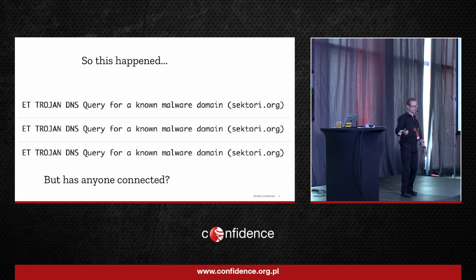And second, has anyone actually connected to it? Because if you have been in detection for a while, you know that threat intelligence can be good sometimes, but you will have a lot of false positives. A given system can resolve a malicious domain name, but maybe nothing will connect in the future.